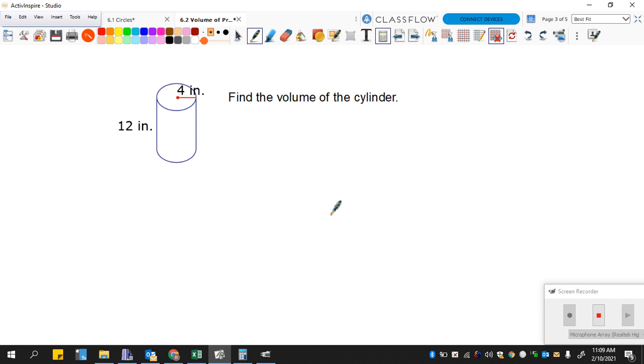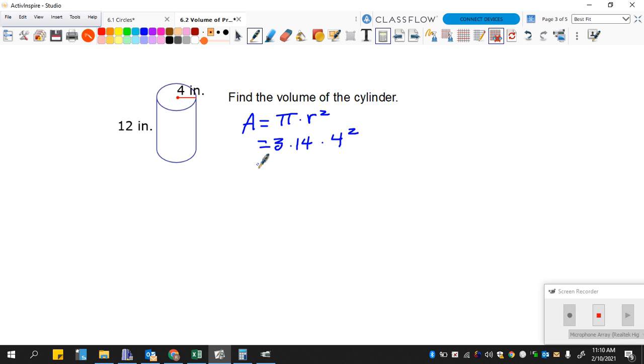Find the volume of the cylinder. Remember, we have to find the area of the circle times the height. The area of a circle is pi times the radius squared. So that's 3.14 times 4 squared.